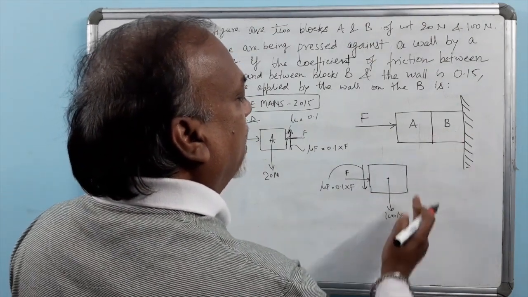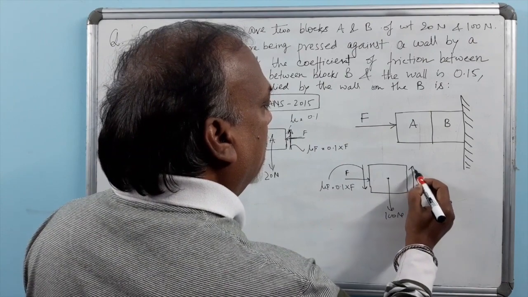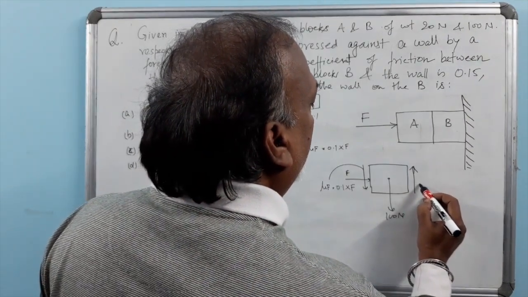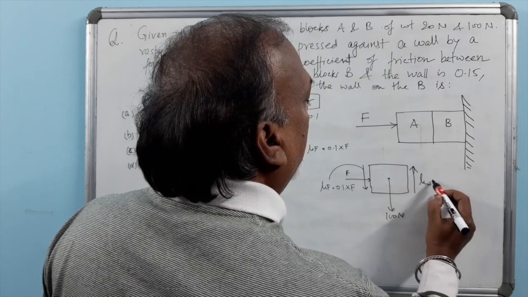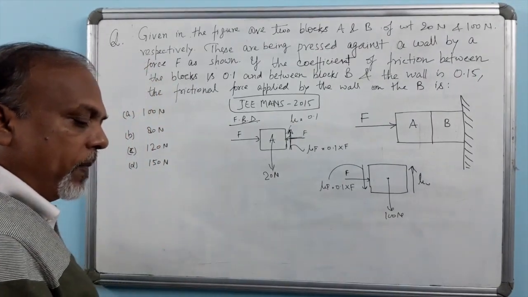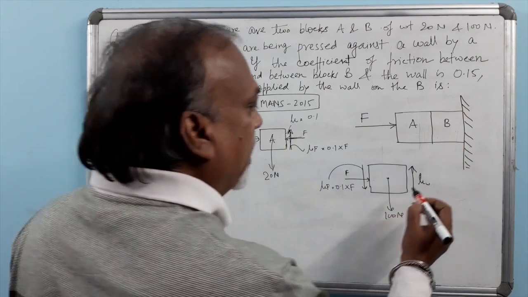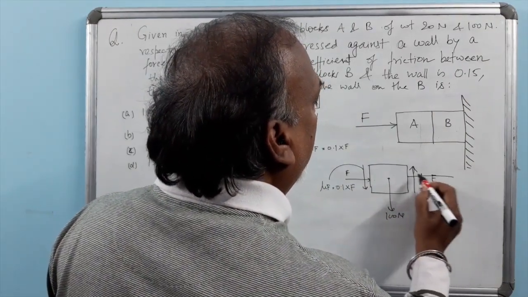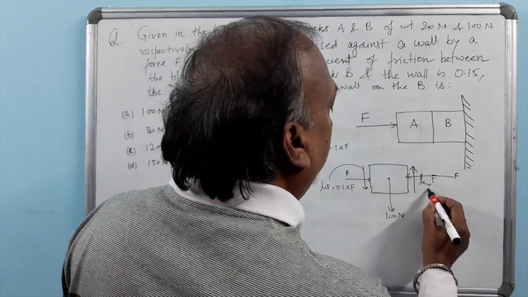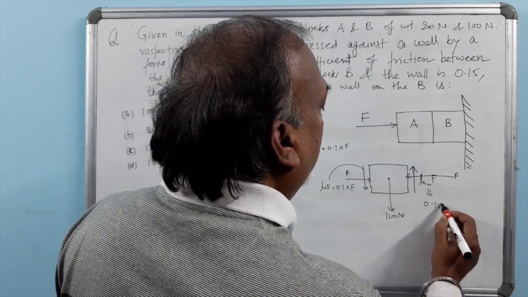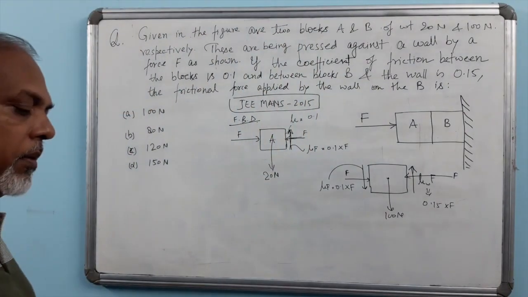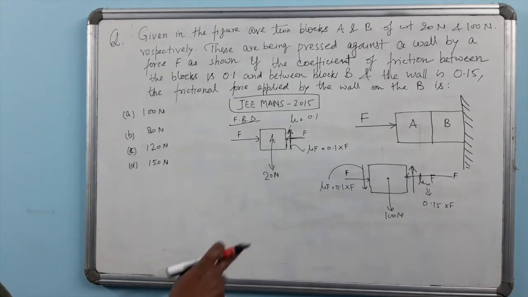Between block B and wall, there will be frictional force, that is μ of wall into F, which will be nothing but 0.15 into F.